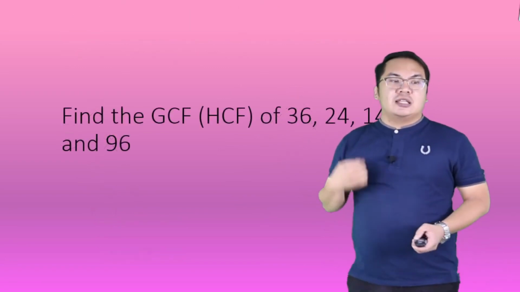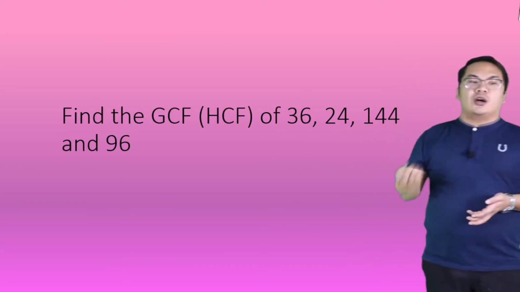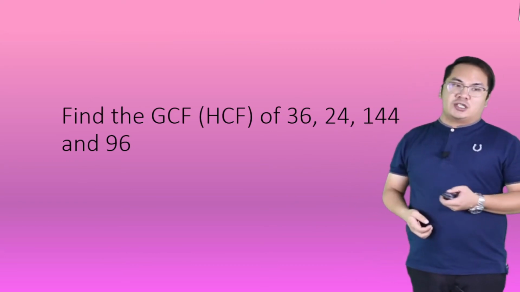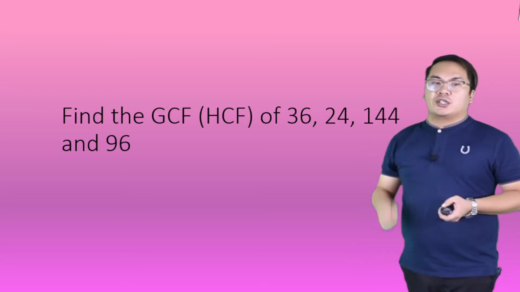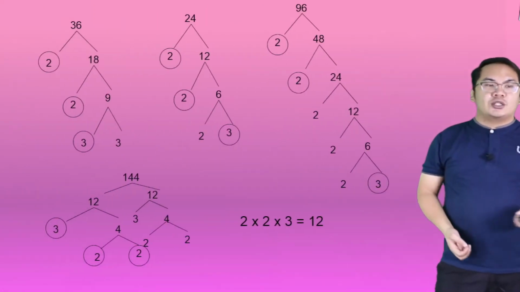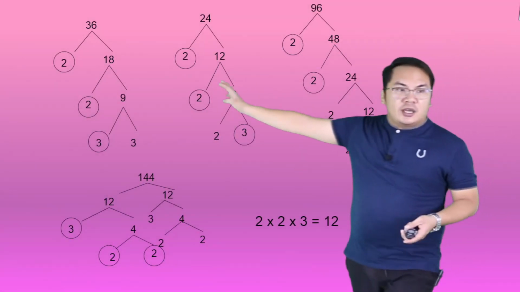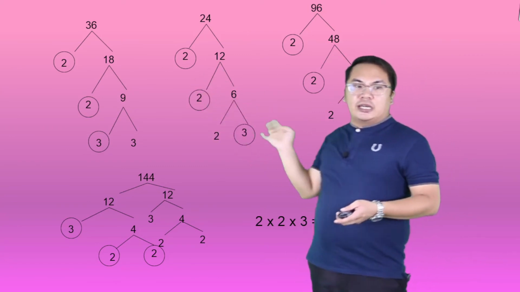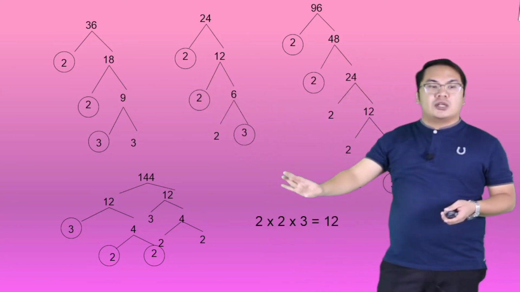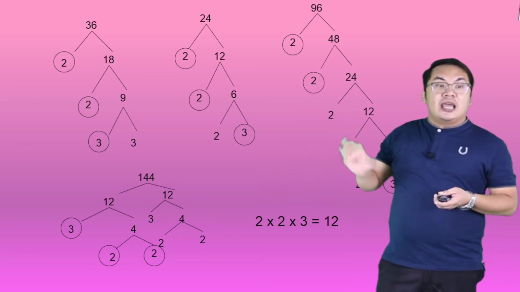So let's have this one. Find the GCF of 36, 24, 144, and 96. We're just going to do four numbers. So if we have four numbers, what are we going to do? We are going to do just like this one. We have here 36, 24, 96, and 144. Even though they are different numbers, they have common factors.